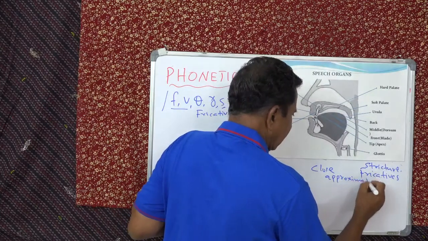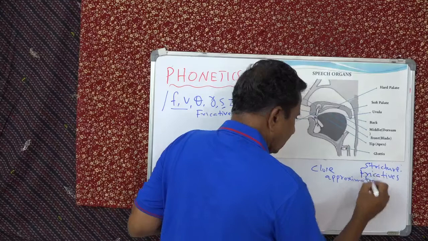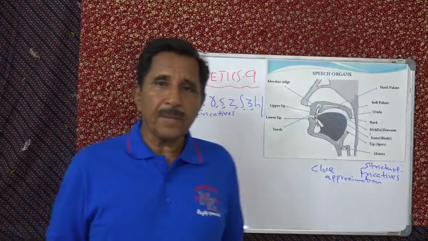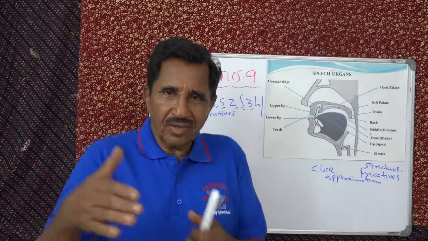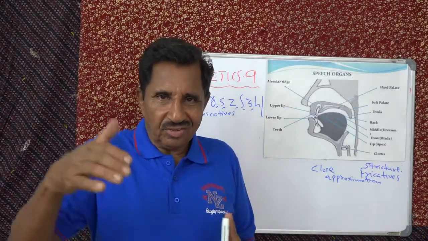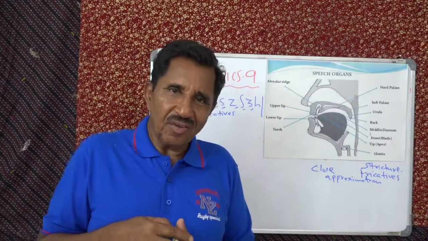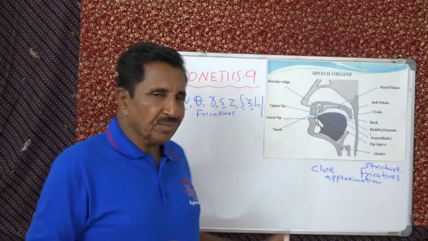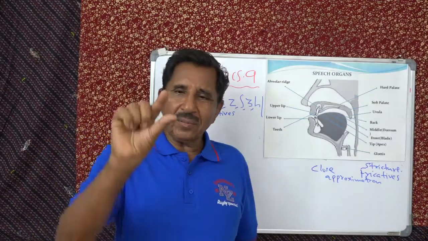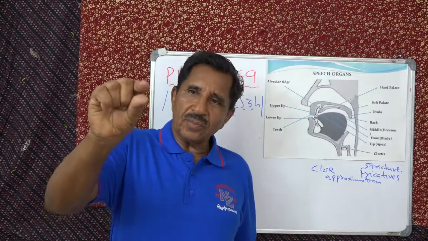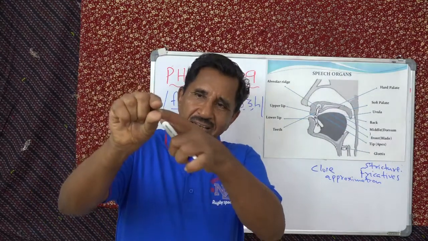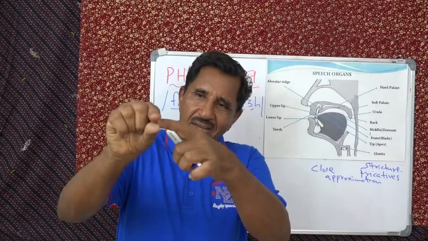Close doesn't here mean close, like closed mouth. Not that. Close means very near. The friend who is very near to you is a very close friend. So close approximation can be contrasted with open approximation. When you see this close approximation, the passage is narrow.